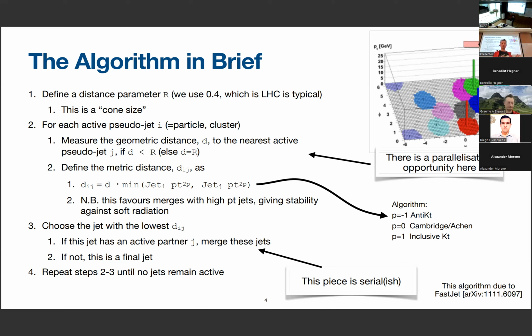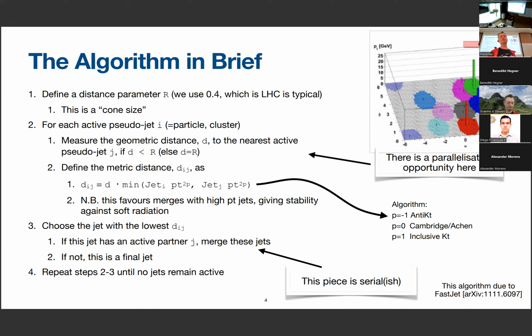That's the geometric distance, but then I define a metric distance that also depends on the transverse momentum of the particles, as in this formula here. You essentially weight it by the minimum of the jet pTs. What's key to the algorithm is what power p you use at this stage.